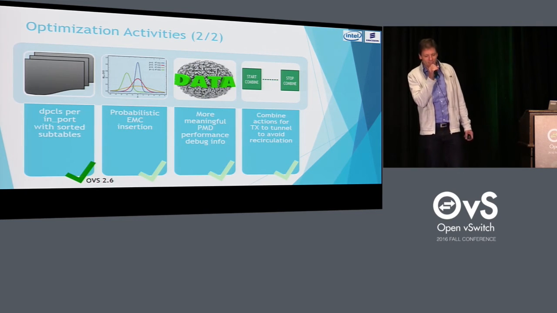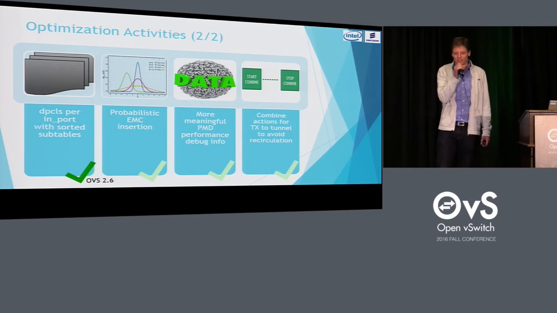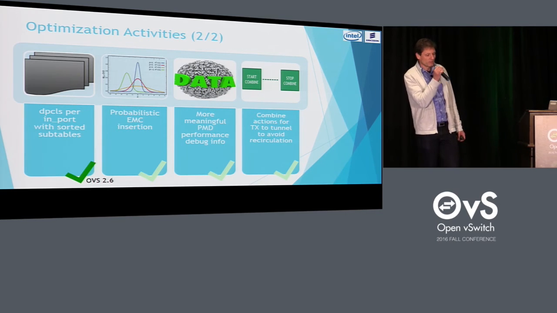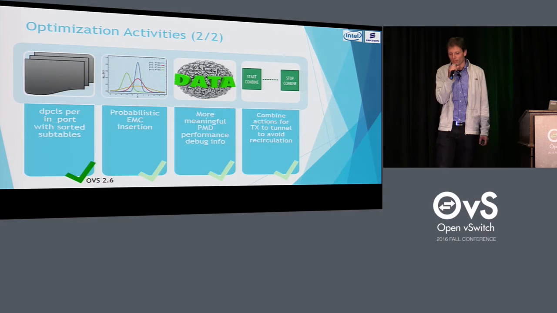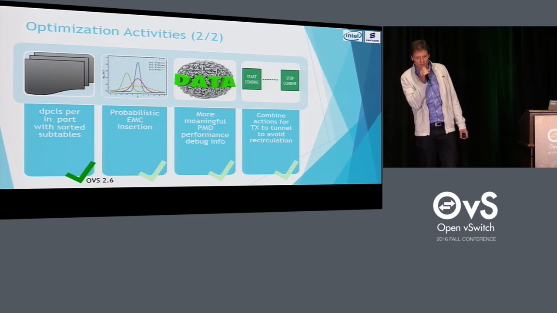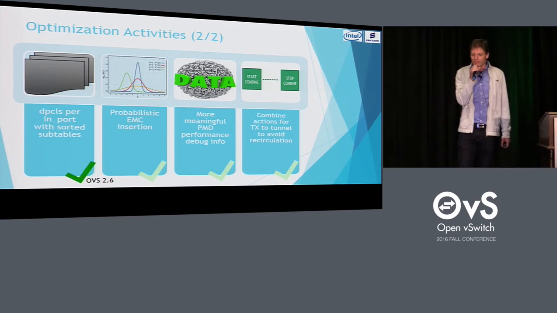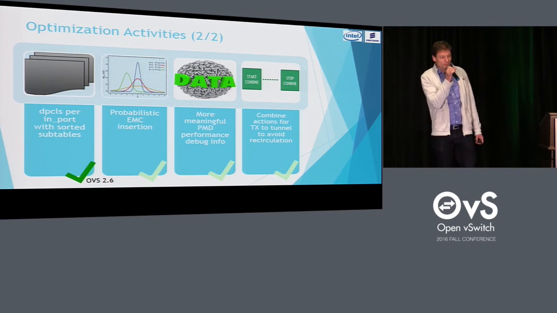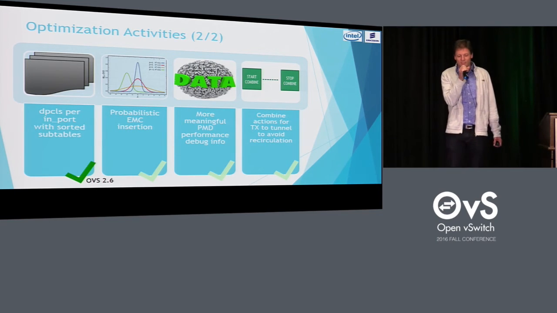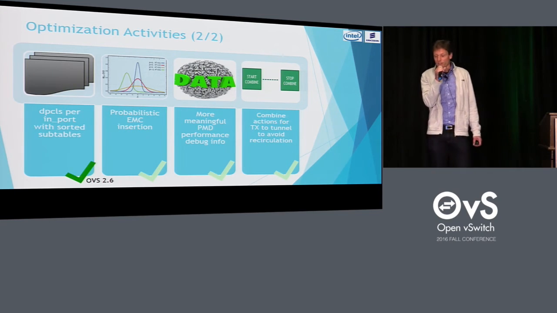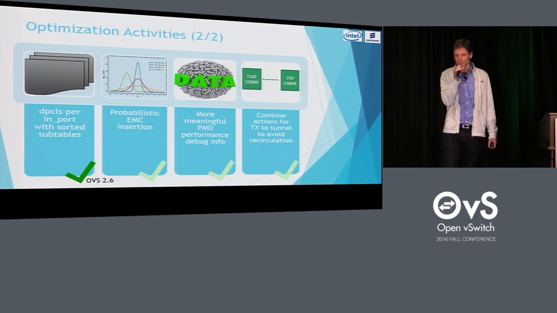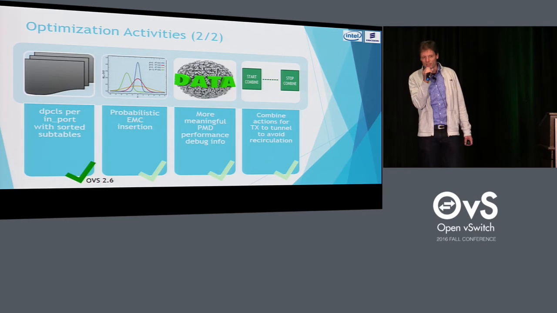To address the big bottleneck in the DPCLS lookup, I did some work already prior to OVS 2.6 release, and it's upstreamed. We have had another talk earlier today. The DPCLS lookup is a series of hash tables, and in the worst case, if you have n hash tables, you have to revisit all n hash tables to find a match.